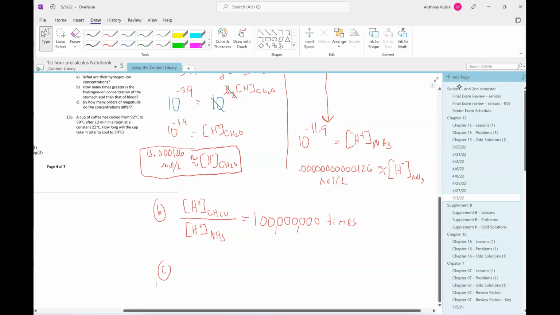All right. The last question asks, by how many orders of magnitude do the concentrations differ? So when we talk about orders of magnitude, we're just talking about powers of 10.